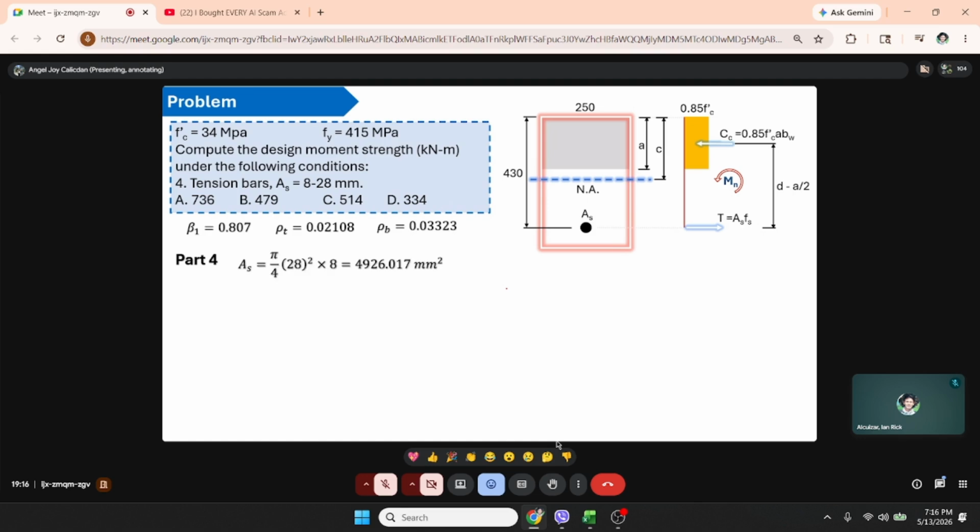So, for part 4, same process. We have the tension steel area, 4,926.017 square mm. Same summation of horizontal forces based on the stress diagram.